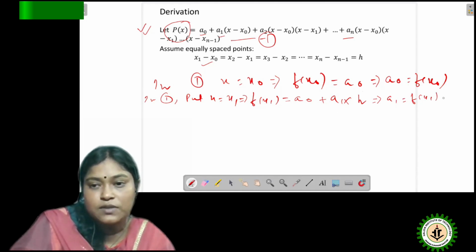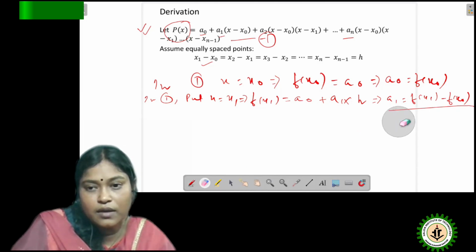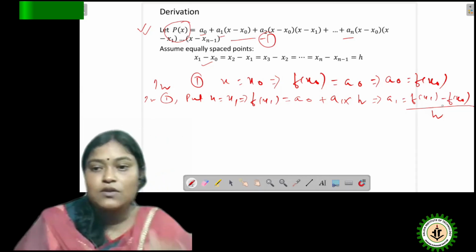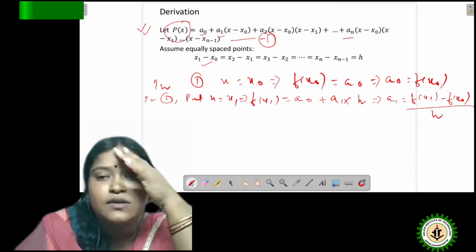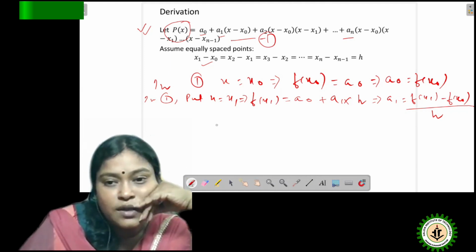a1 will be f of x1 minus a naught, and we already have the value of a naught, which equals f of x naught, divided by h. So f of x1 minus f of x naught divided by h is a1.